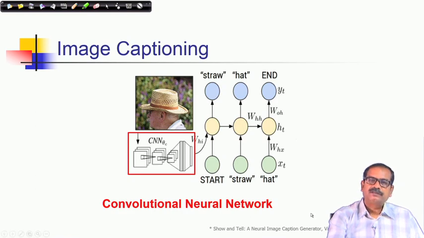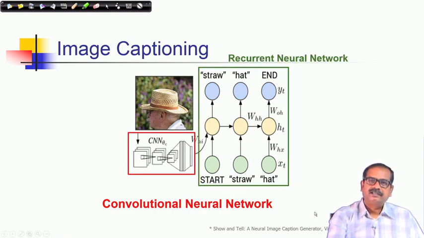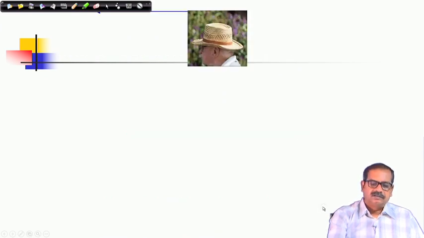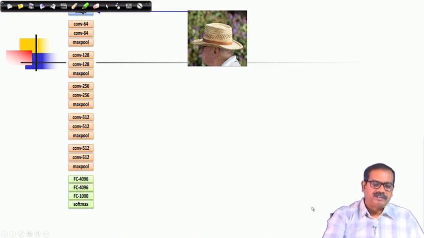So, use a convolutional neural network to describe the features, followed by a recurrent neural network to extract the caption. It shows the workflow where the image is an input to a convolutional neural network, goes through several layers, and finally you represent it as a feature vector.